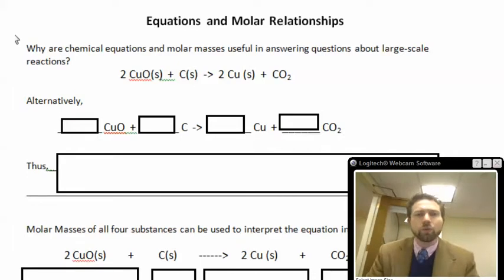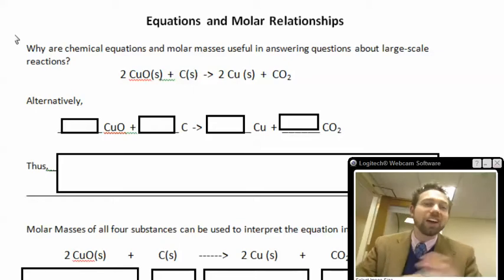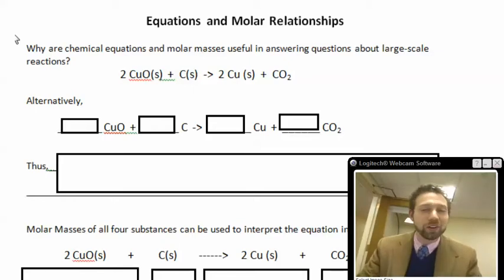So first, we have to think about it in terms of our lovely mole. The mole helps because it's a very large converting factor, or a unit, that helps us to get on the scale of large quantities.